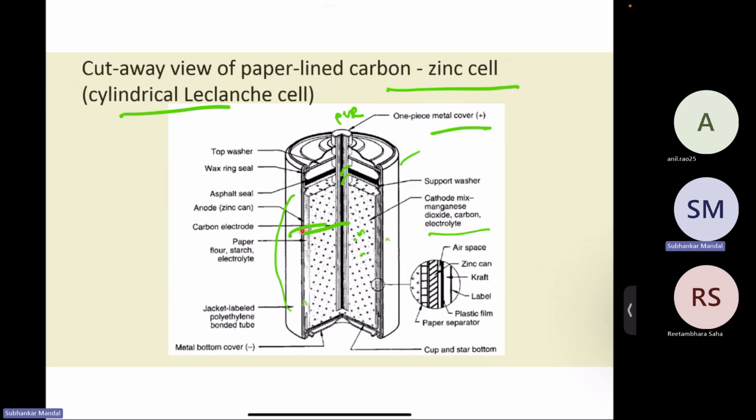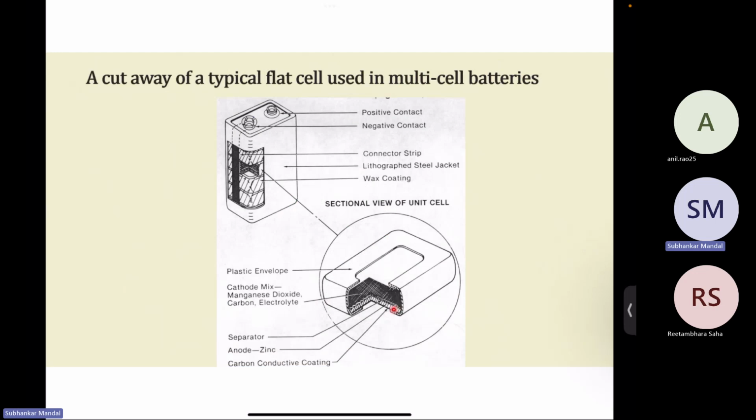So this is one of the zinc cells, basically the alkali cell. A cylindrical cell. There is another, and I think nowadays also people use this kind of cell.